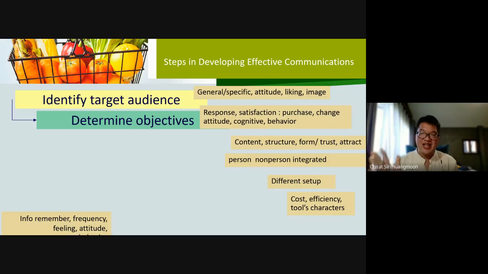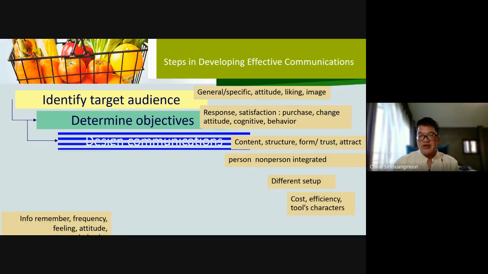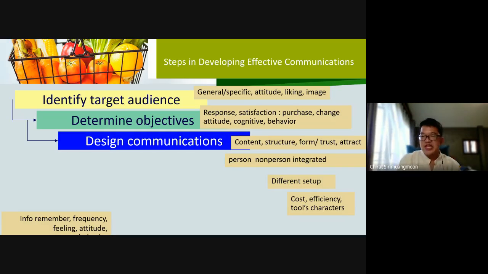Or what do they think about your products? And finally, you need to concern about the behavior of the consumer as well, because different people and different groups have different behaviors. After you know the objectives of the communication, it's going to be good for you to give some message directly to them.